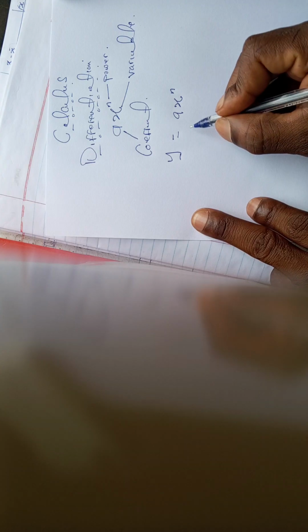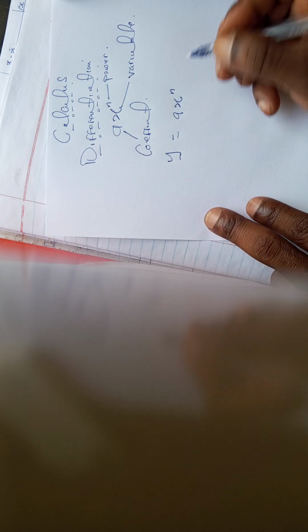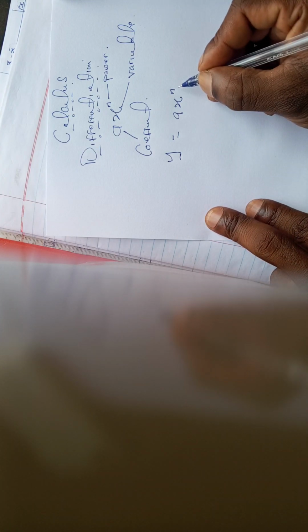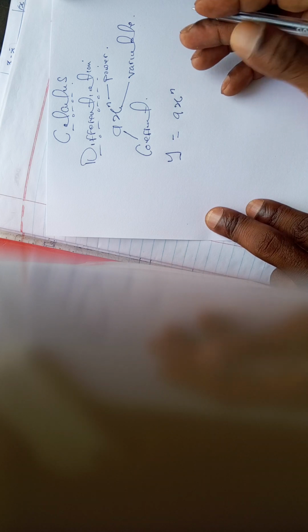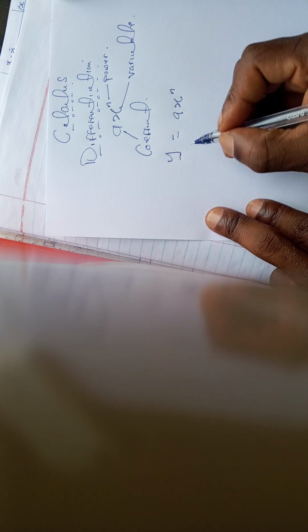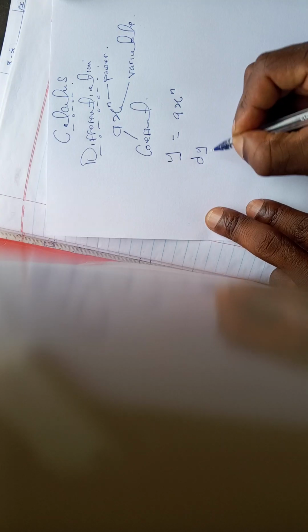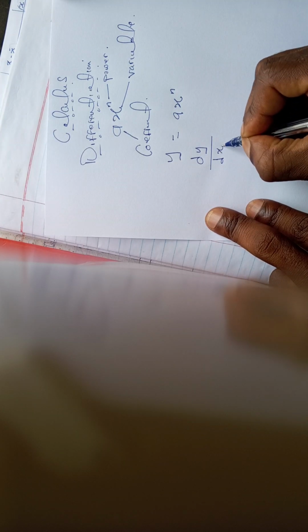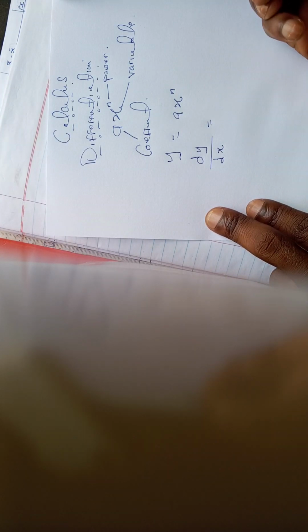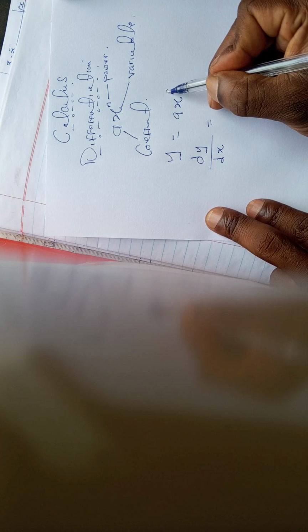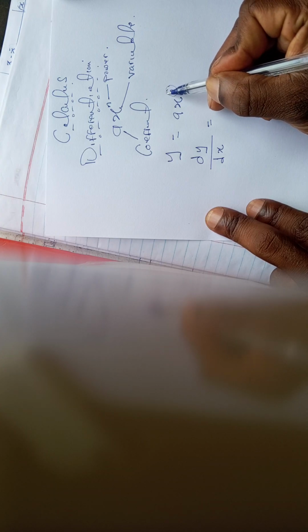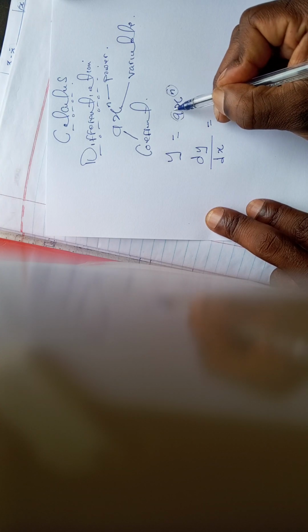Since we have y is equal to ax to the power n, if you want to differentiate this, you differentiate with respect to x. You say dy over dx is equal to the power multiplied by the coefficient.